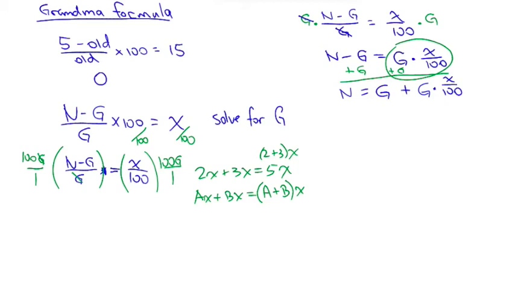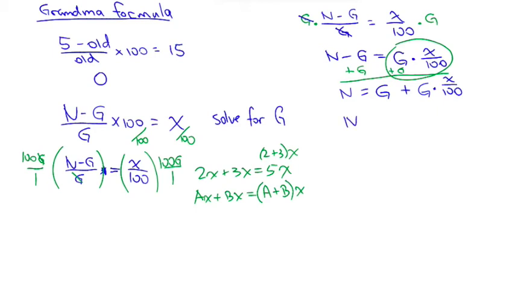Well, if 2x plus 3x is 5x, the 5 comes from adding the first coefficient plus the second coefficient. So if you have ax plus bx, then the answer is going to be the first coefficient plus the second coefficient times x. So here I have a common variable, g. So what I can do with the g is kind of kick it out, put it outside of parentheses. So you get something that looks like this.